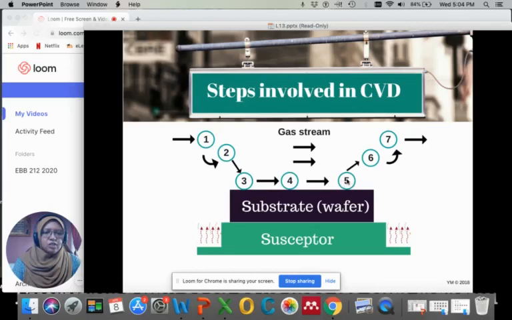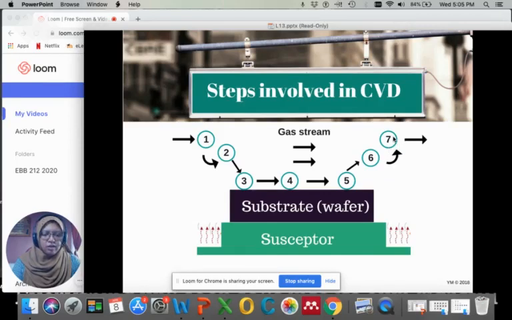Then desorption of the byproduct from the surface at step 5, and the byproduct here will be transported or removed from the deposition region by diffusion in step 6, followed by forced convection in step 7.